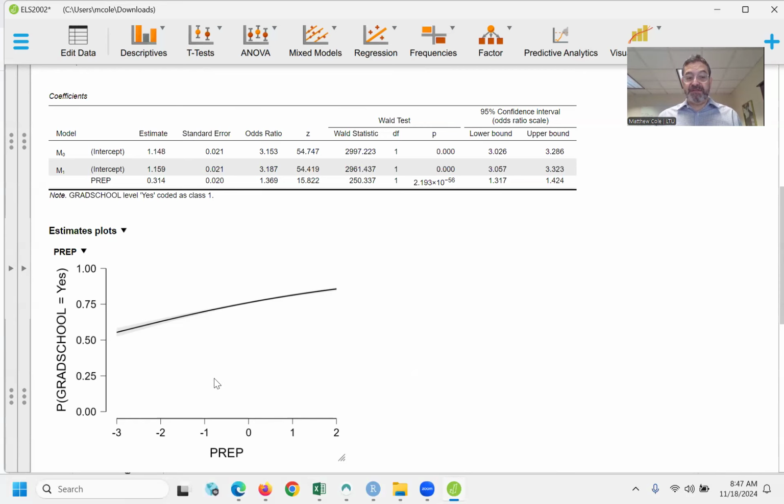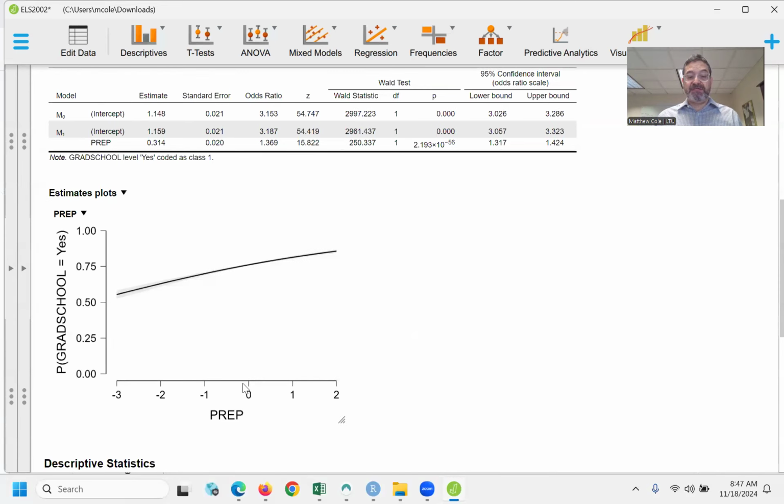And so what we see on our plot is these are the standard deviation units. So the mean is 0. The mean probability for attending graduate school is 75%. The fact that even at the lowest reported prep score, there's a greater than 50% chance of attending graduate school just means that in the data set, people got into grad school even if they thought they weren't prepared, right?